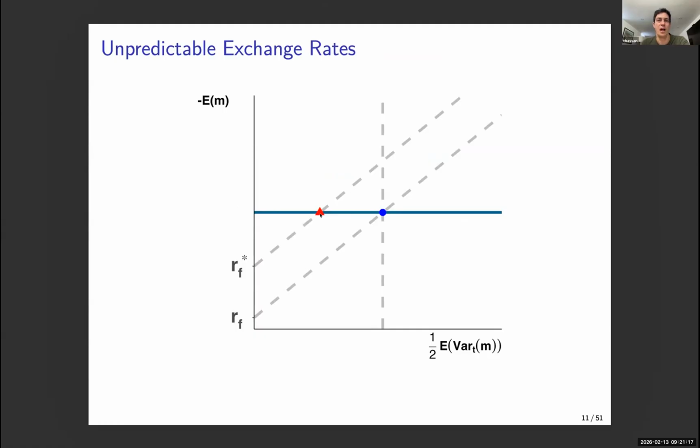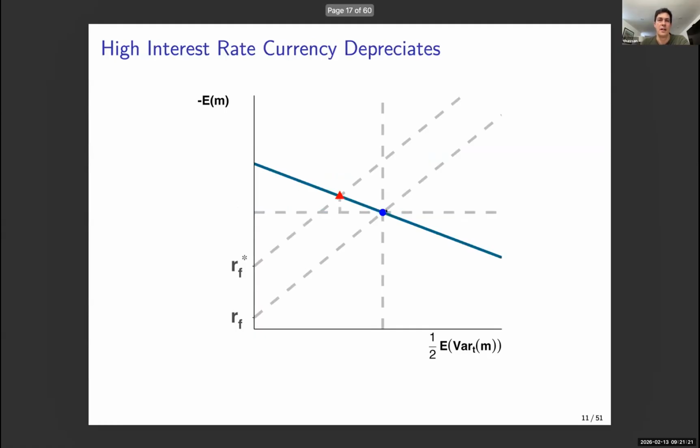So this is what I would call unpredictable exchange rates, when this line is horizontal. This is the situation where New Zealand, a high interest rate country, depreciates relative to the low interest rate country, but not enough to wipe out the interest rate differential. This is what happens in the data, I'll show you that in a second. We have interest rate differentials, and they are partly reversed by predictable depreciations, but not completely, which is why we have the carry trade.